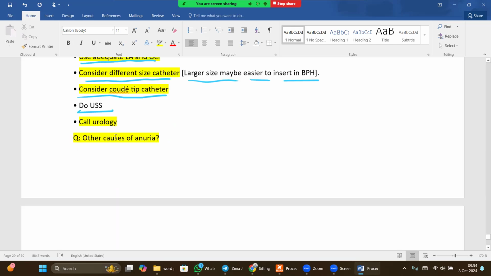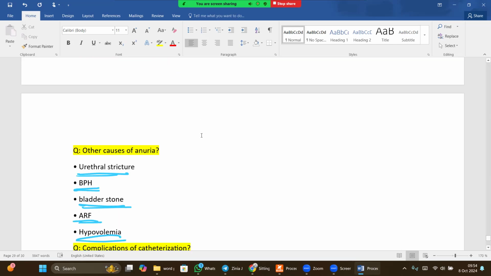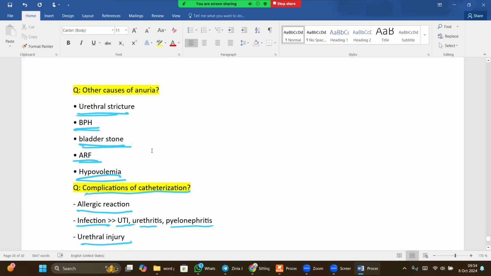Other causes of anuria. If the patient is euvolemic, then what could be the other cause of anuria?